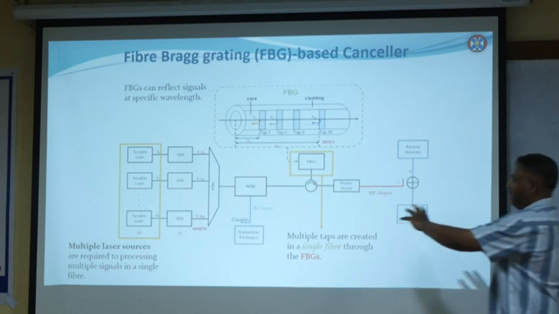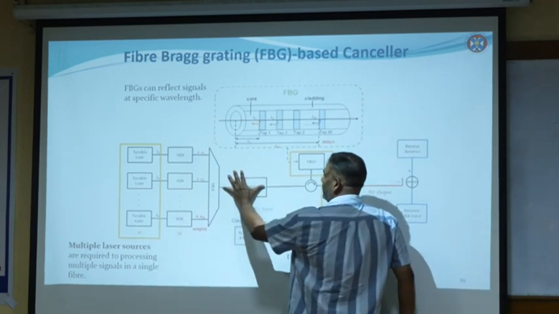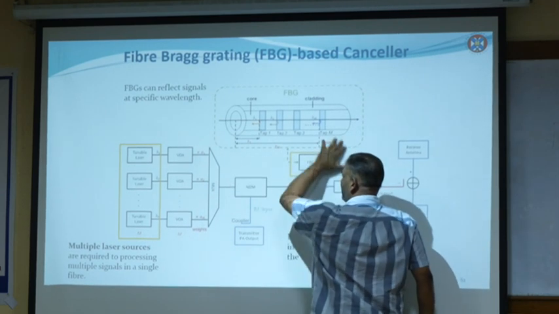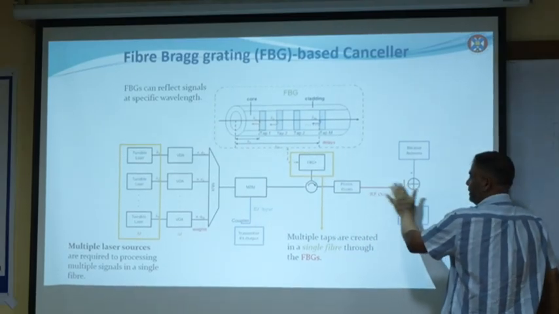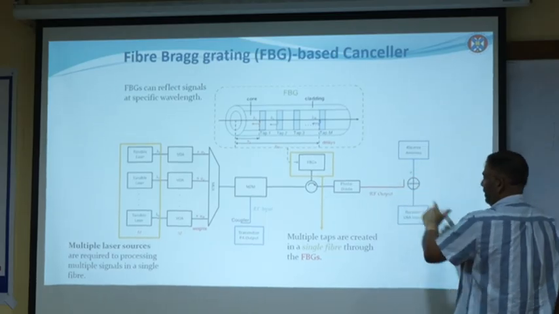So here the electrical signal is converted to the optical domain and creates the multi-tap self-interference channel, and changes it to an electrical signal and cancels it at the receive antenna.